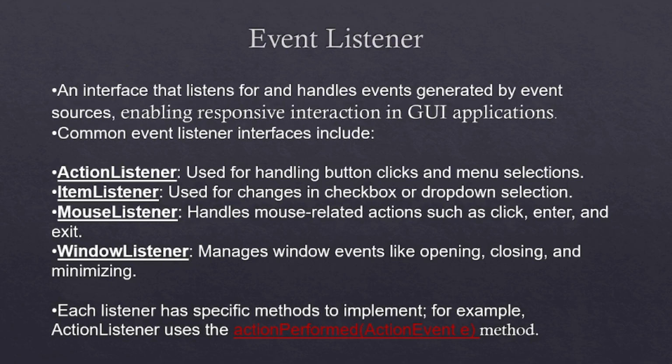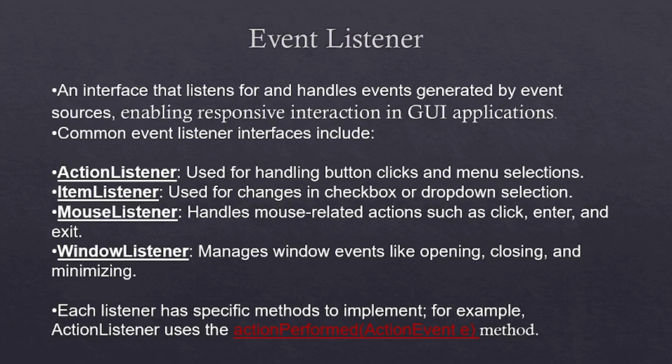Event listeners also differ from event to event. For example, you have the action listener, which is used for button clicks. You have the item listener, which is used when checkboxes or drop-down selections are made. You have the mouse listener, which is used to handle any kind of mouse-related action. You have window listeners, which manage window events like opening, closing, or minimizing a window.